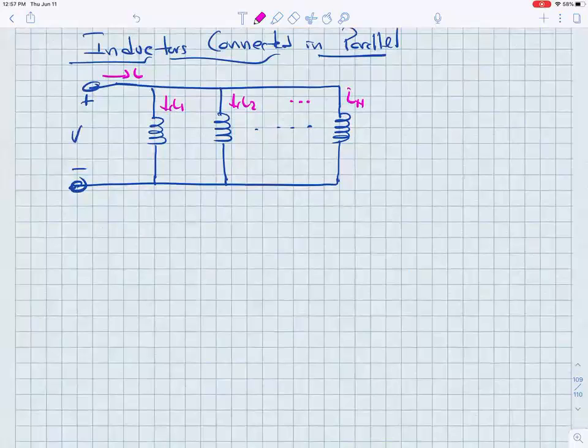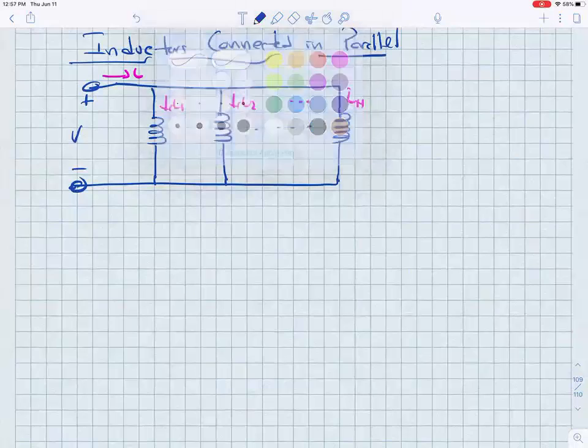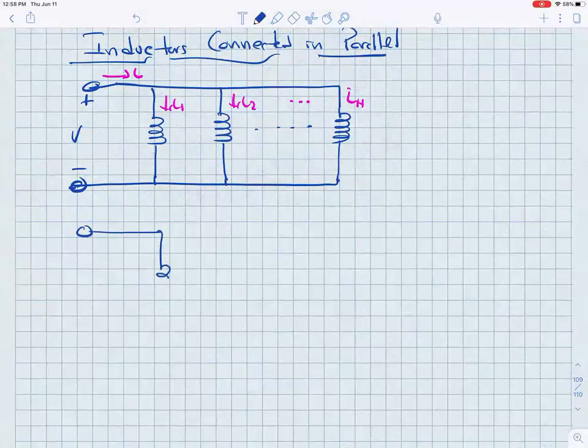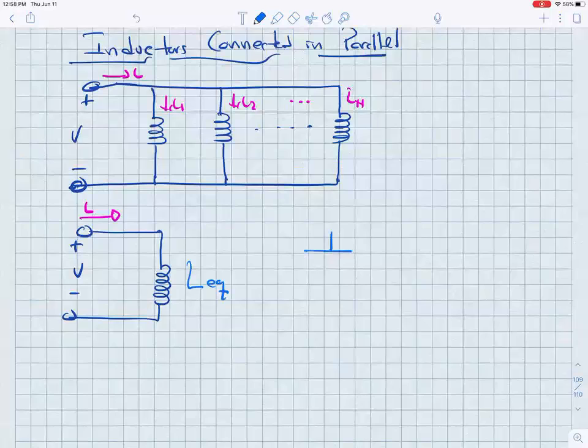For inductors in parallel, if I want to represent all this by one inductor, where I have my voltage and the current coming here is I, just the I from the source, then this will be the equivalent inductance, and this is treated like resistors in parallel.